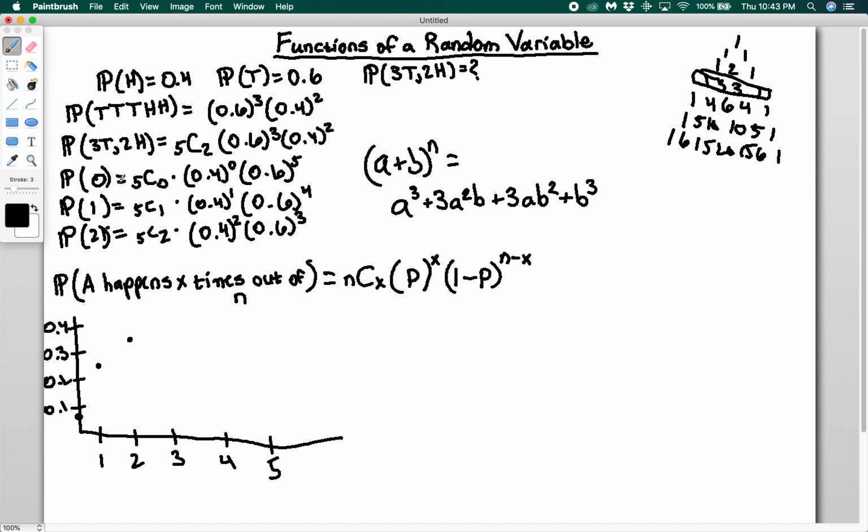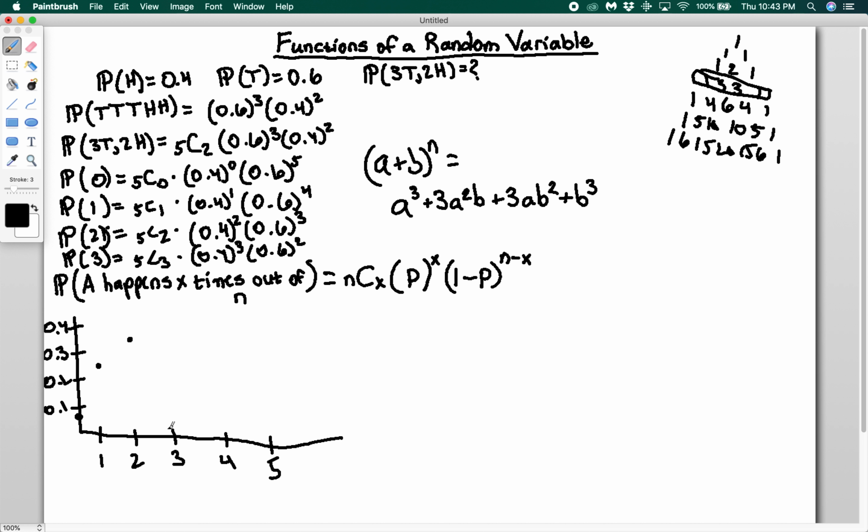And again, I'm getting these numbers just by multiplying these things and continuing the pattern, right? So P for 3, for example, would be 5 choose 3 times 0.4 to the third times 0.6 squared, and you can keep doing this for 4 and 5 as well.